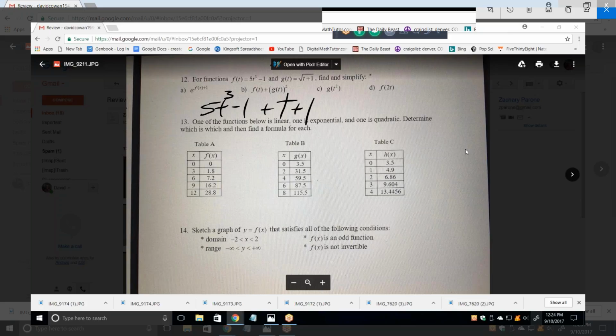What's the answer? 5t cubed plus t. Perfect. Well, I don't know. You might have a shot on this test. You might not. What's g of t squared? T plus 1.